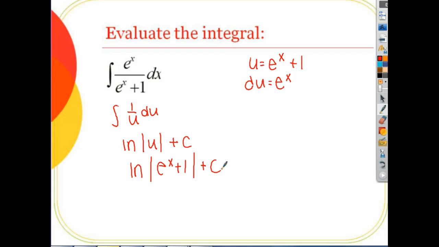How about the next example? 2x. Okay? So the suggestion is to make 2x my u. Let's try it.